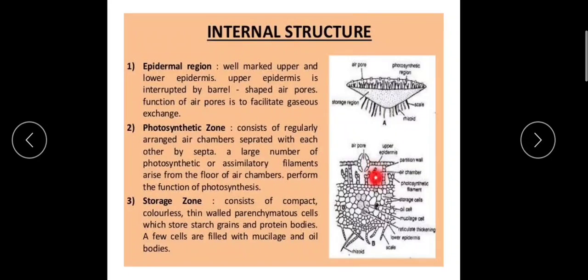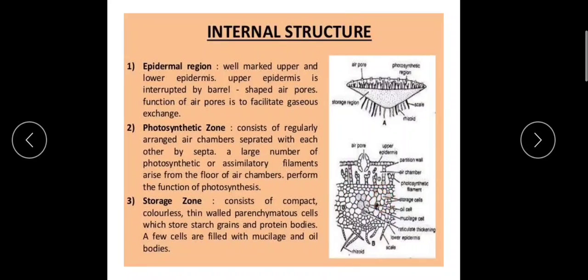These photosynthetic regions are divided into different air chambers. Each of these air chambers is separated by walls. 4 to 6 celled walls are seen here, which separate these air chambers from the adjacent one.